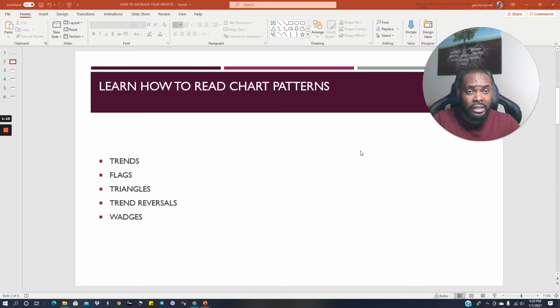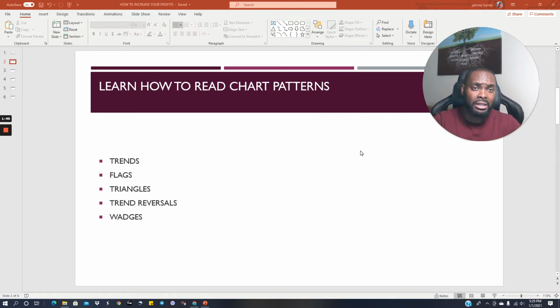There are also flags. You've got to learn how to read flags, know when to trade a flag, and how you can actually take a trade knowing what the probable outcome is going to be for taking a flag. The next thing, learn how to read triangular patterns. Then you need to learn how to read trend reversals. There are also wedge patterns.